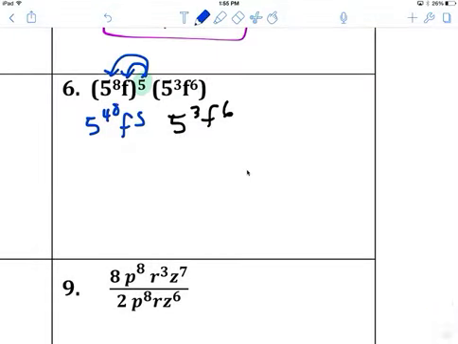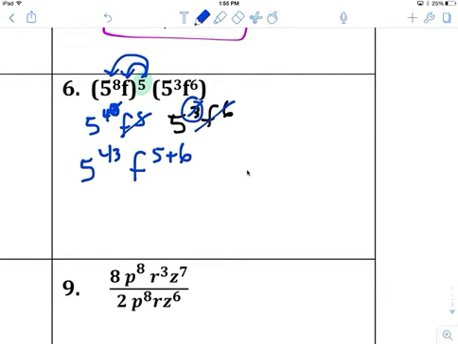So you get 5 to the 20th, 5 to the 43rd, f to the 5th plus f to the 6th. So you get 5 to the 43rd, f to the 11th. Okay?